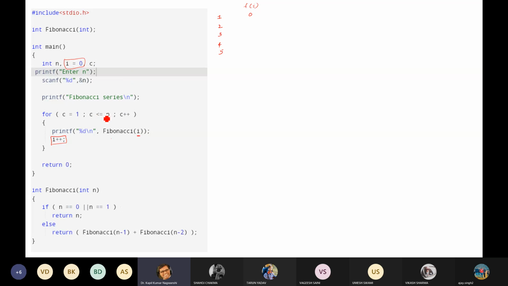Now in the next loop, what will happen? For c equals 2, it will call 1. Then it will return 1. Now, if it is 3, then it will run for F2 and F1. Now, this will return value as 1.